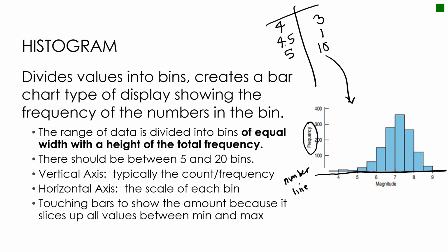So a histogram typically has a frequency table associated with it. Again, the bars should be touching, and we try to divide the min through the max up into equal ranges called bins.